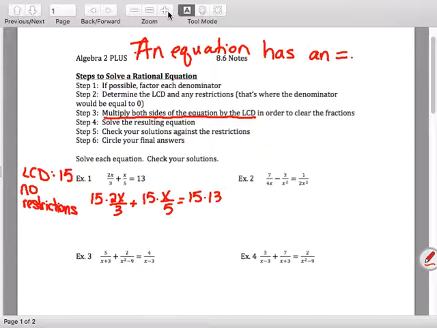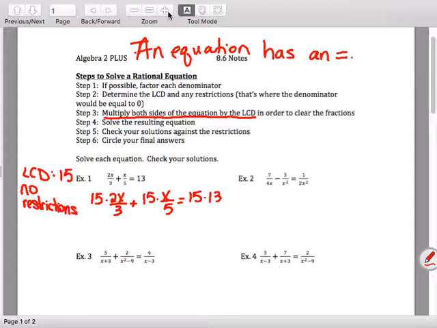When we say multiply both sides of the equation, that means everything on the left side. So you multiply everything on the left by the LCD and everything on the right by the LCD.